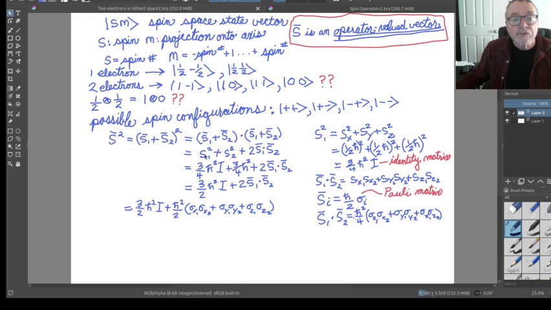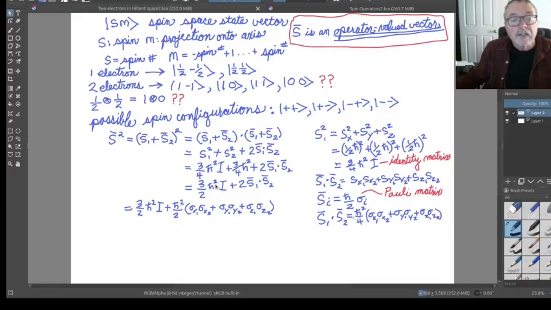So this was the S1 squared plus S2 squared. So there's a little mistake here in that I didn't have the I on this one, but all of this comes down. If you add 3/4 and 3/4, you get 3/2.